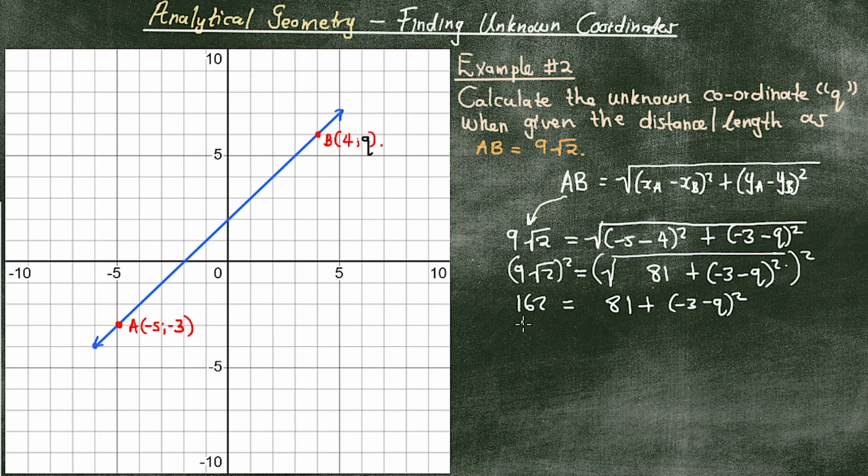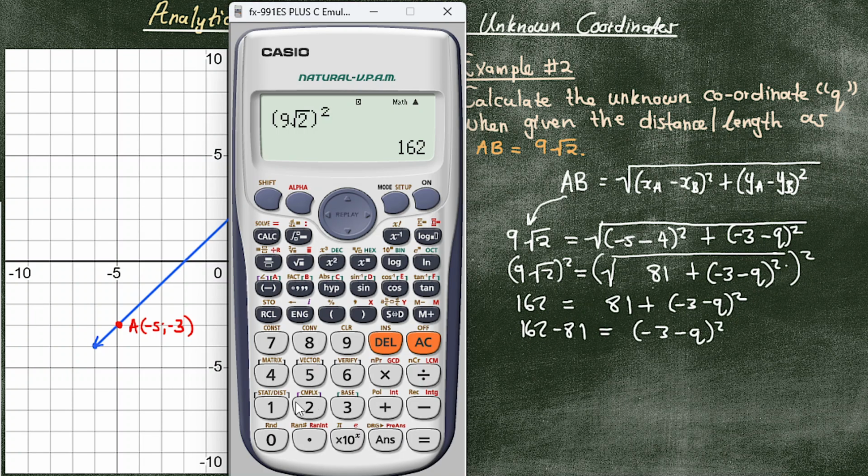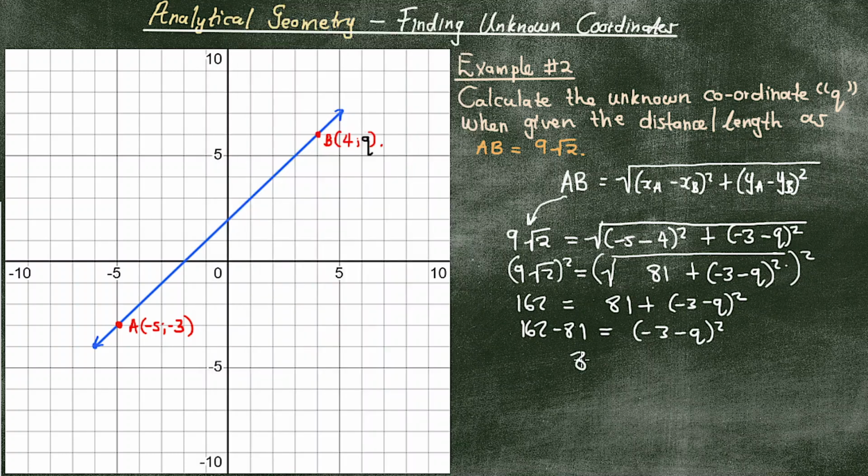Then we turn the 81 over to the other side, leaving minus 3 minus Q squared. Do not foil still. Minus 81. I'm getting 81. This is equal to minus 3 minus Q squared. Then you just take the square root on both sides.